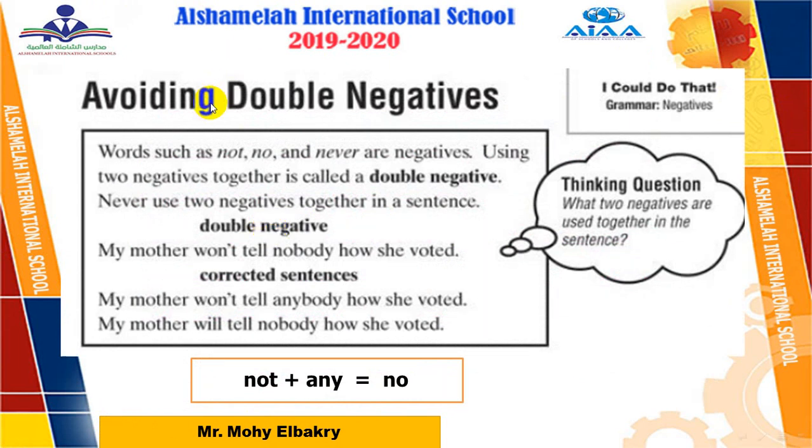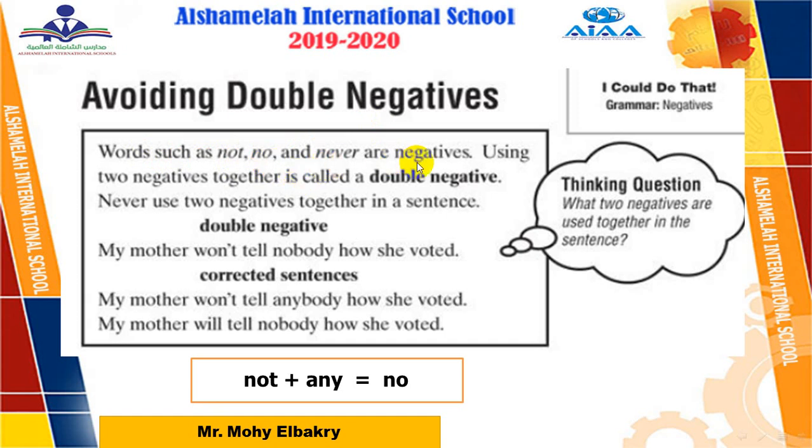The last part in this lesson, avoiding double negatives. Avoiding double negatives means, as I said before, you can't use double negatives in the same sentence. Words such as not, no, and never are negatives.